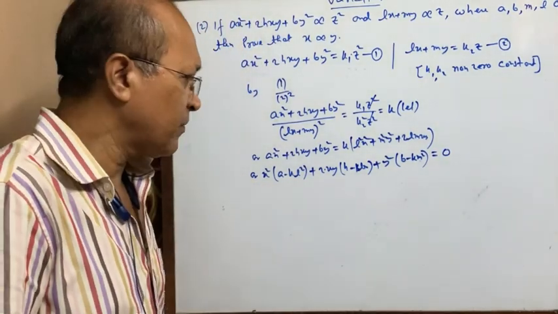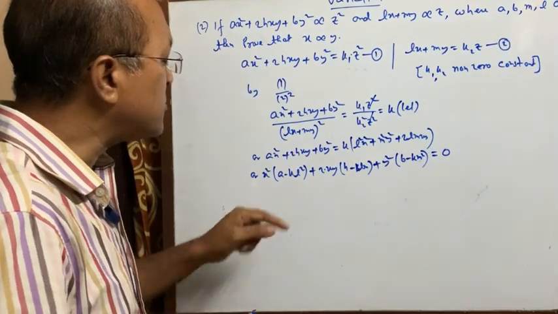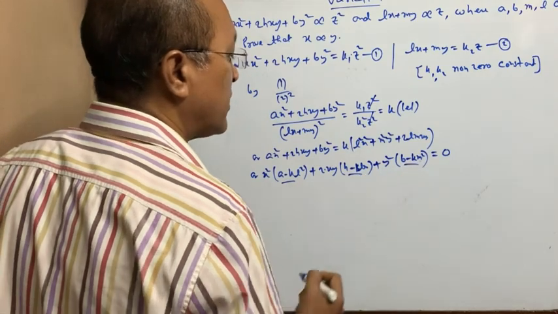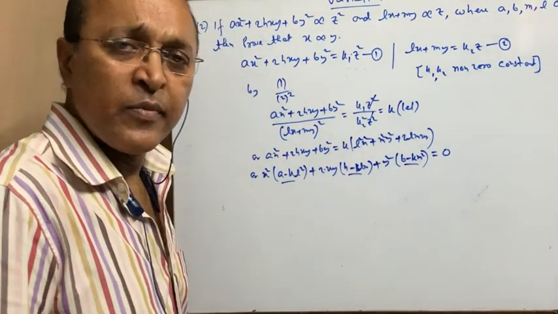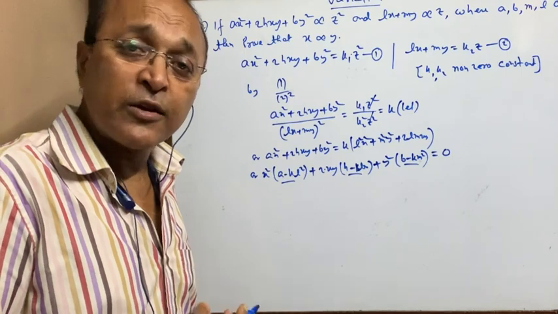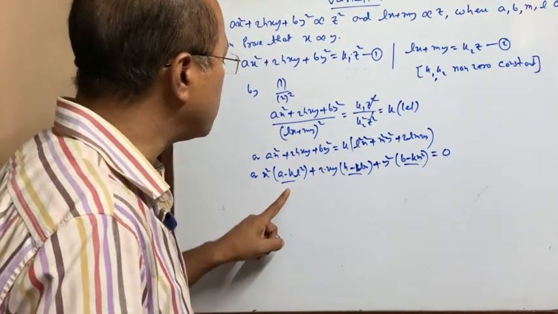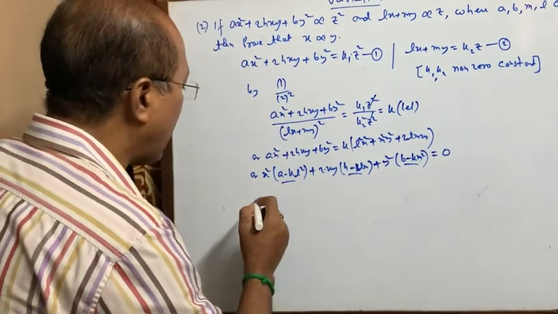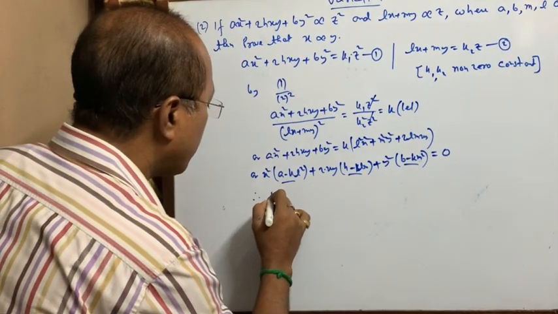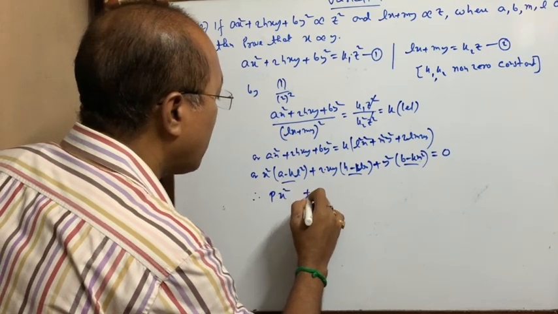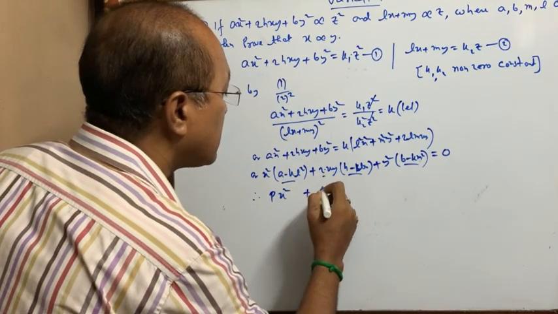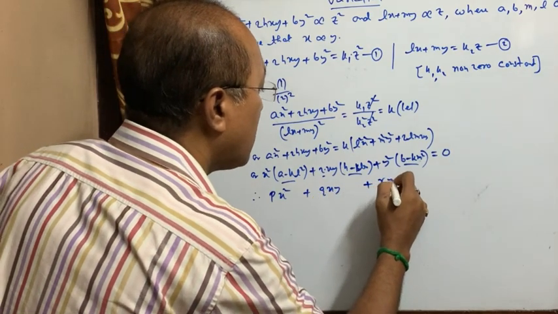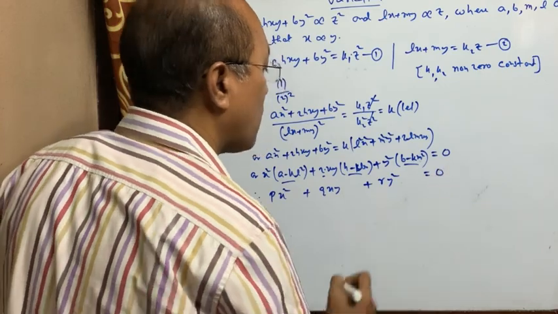Now we can do one thing. All of you know these terms are nothing but constant terms. So for the sake of calculation, we can consider these terms as, say, PQR. Okay, now you can write, say, Px square plus, say, Qxy plus Ry square, that is equal to 0.